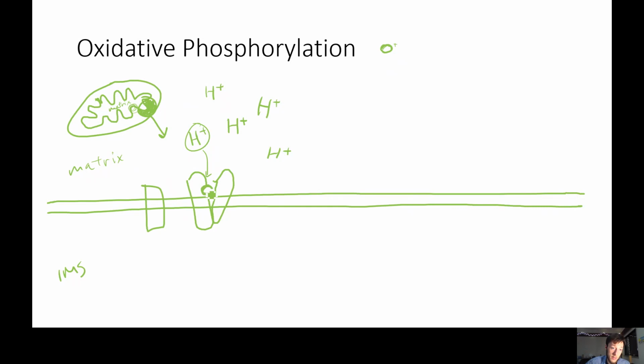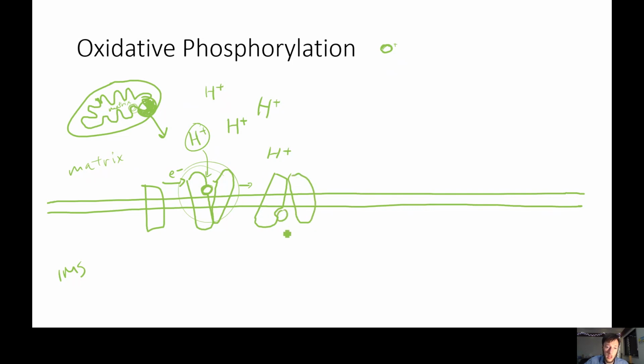So when this proton comes down here and binds into this complex, and then the complex changes structure because of an electron, what happens is this, okay, imagine this same complex here, changing structure so that now it's like that, right?